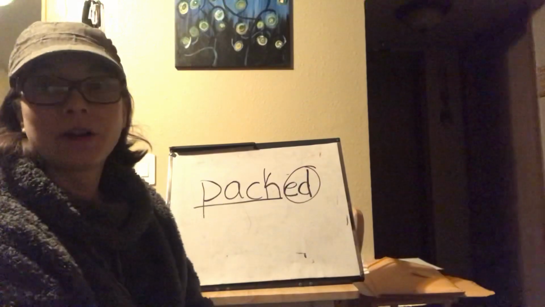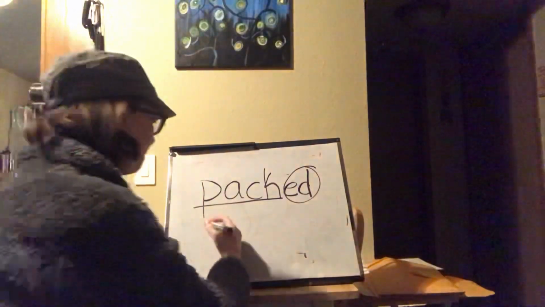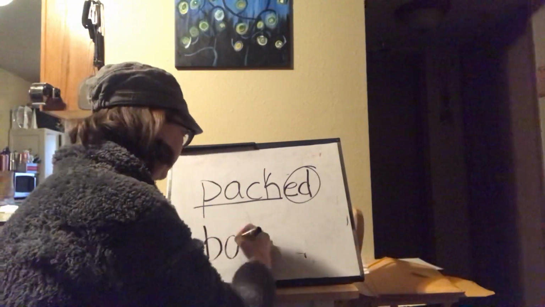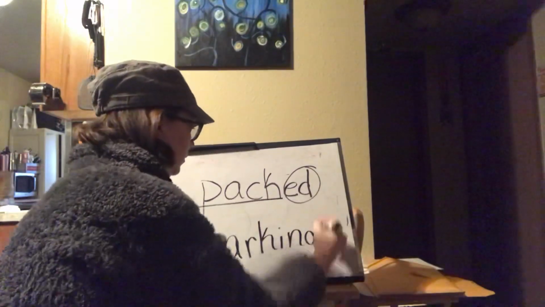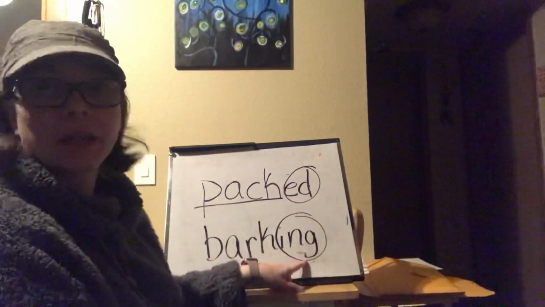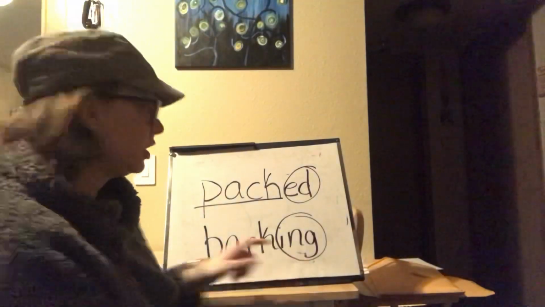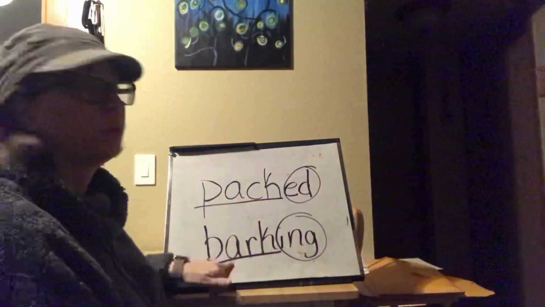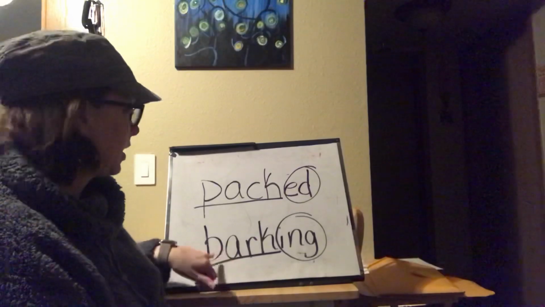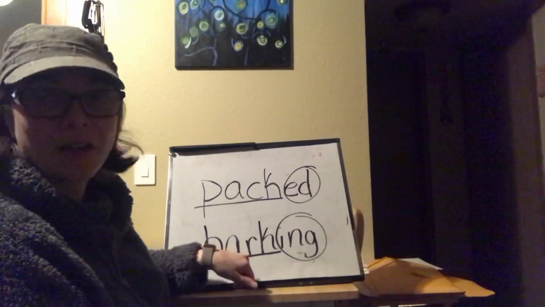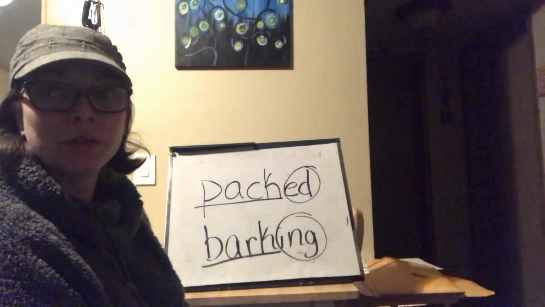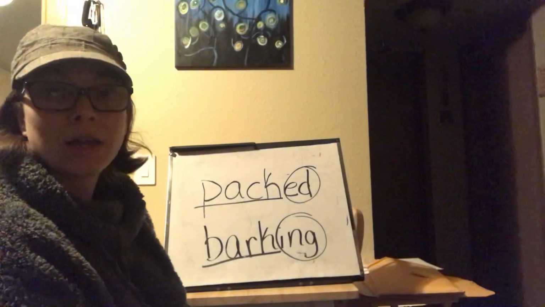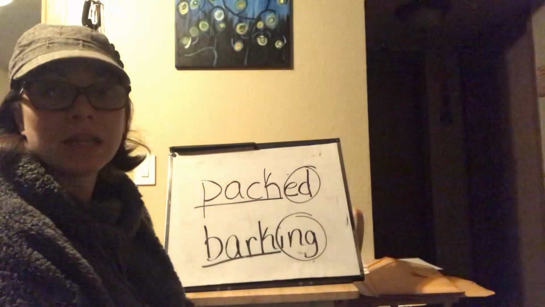Okay, go ahead and write it on your paper. Okay, here is our suffix ing. Our root word is bark, and b-ar, that vowel r there, barking. Alright, so go ahead and read through M.4 with the ed and the ing.